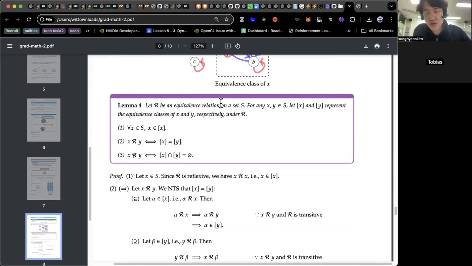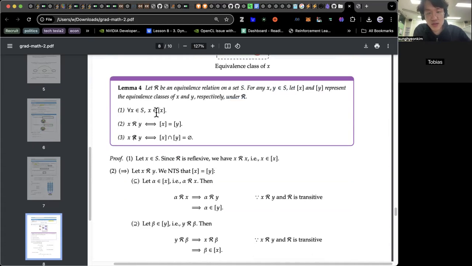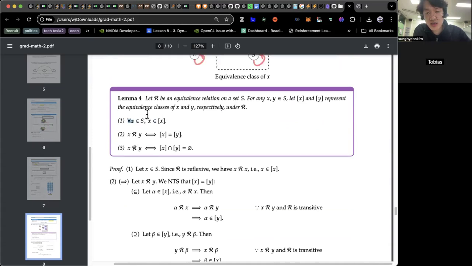Let R be an equivalence relation on set S, for any x, y which are elements of S. Let [x] and [y] represent the equivalence classes of x and y respectively under relation R. Then there is a lemma.